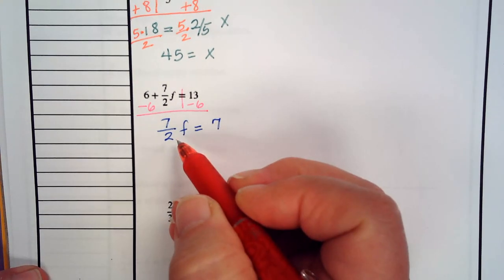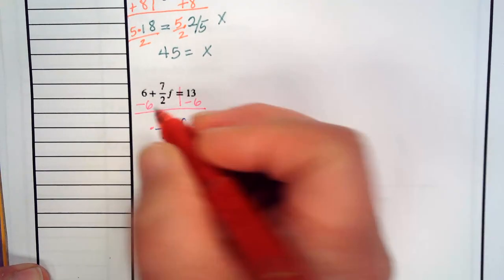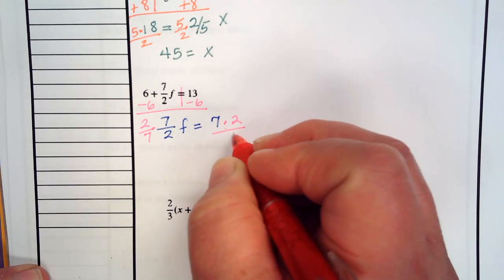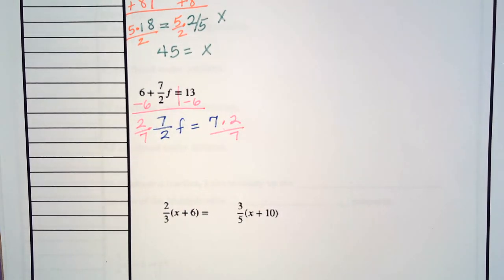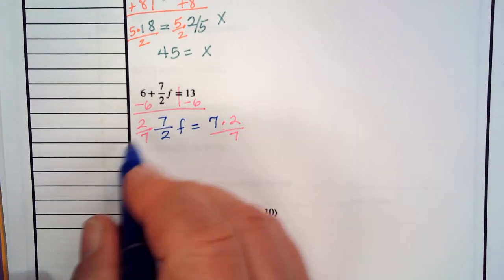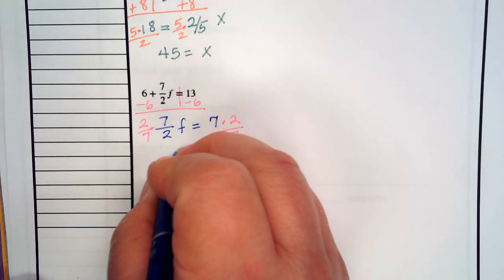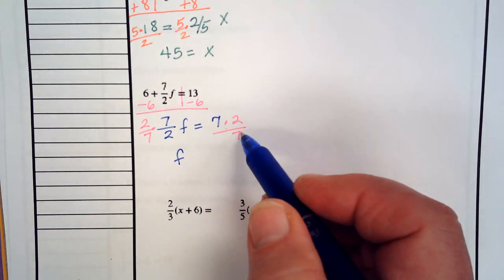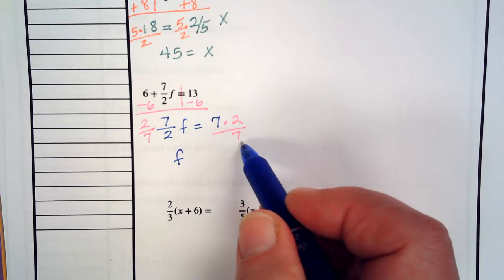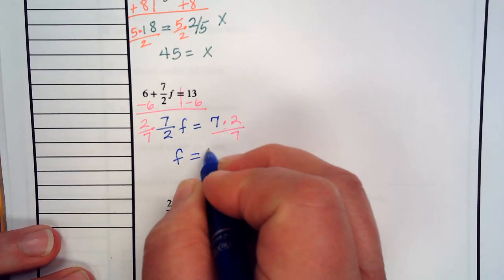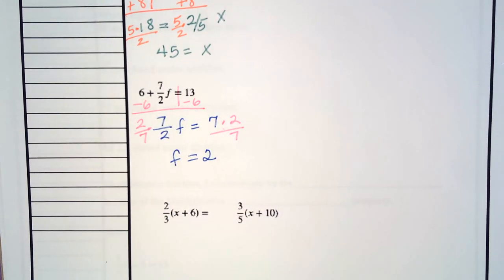Flip it upside down. 7/2 becomes 2/7. Okay. Cancels out over here. 1 times f means that I've simply got f left. Over here, I've got 7 and I'm dividing by 7. That means 1. 1 times 2 is 2. And I'm done.